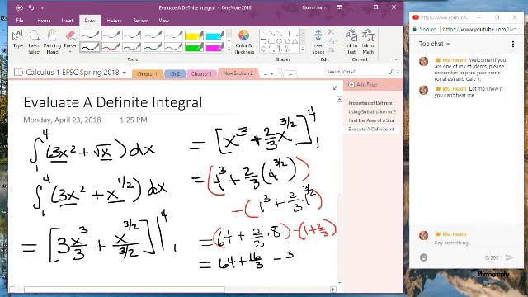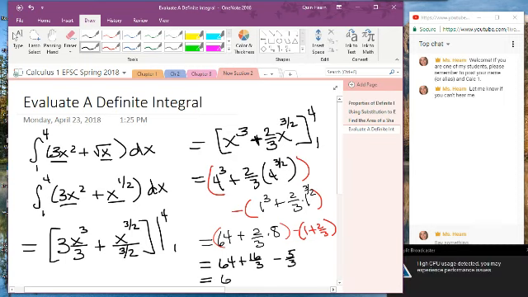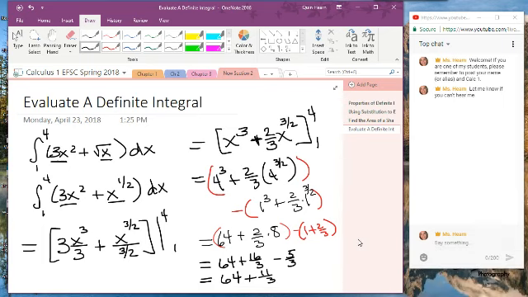So we're going to subtract 5/3. So that's going to be 64 plus 11/3. And what would that be?